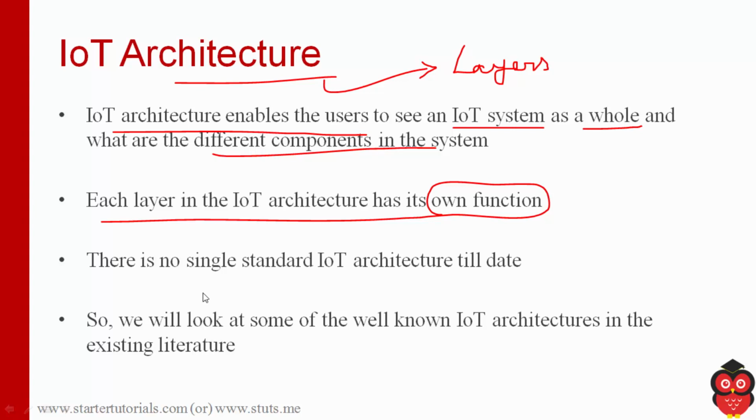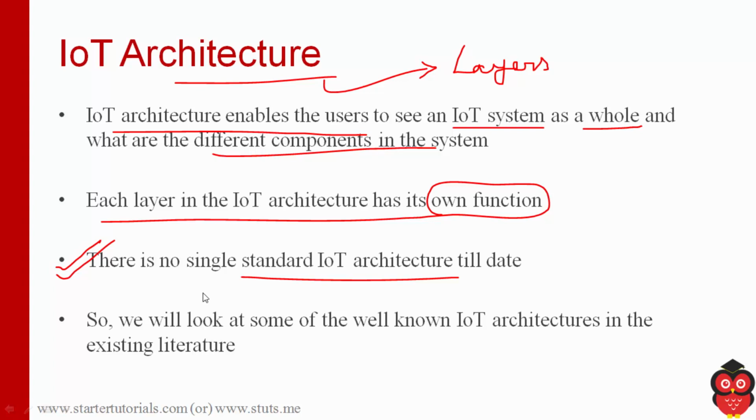We will see, don't worry about this, we will see the functionalities of each layer, and this is important. So until now there is no standard IoT architecture till date. So there is no standard IoT architecture.